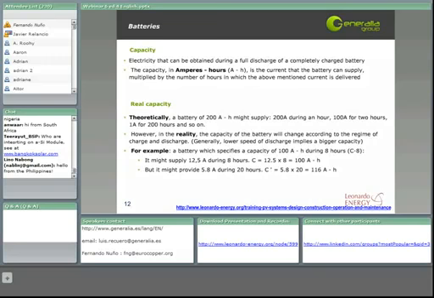The capacity in ampere hours is the current that the battery can supply multiplied by the number of hours in which the above-mentioned current is delivered, referred to a certain voltage. For example, a battery of 200 ampere hours and 12 volts could theoretically store 2,400 watt hours.